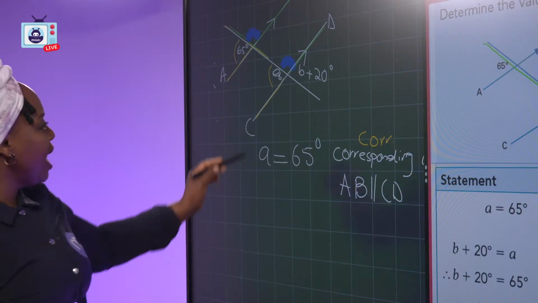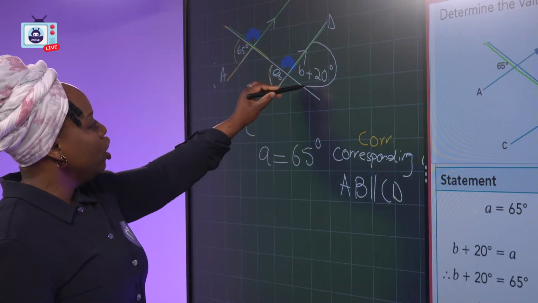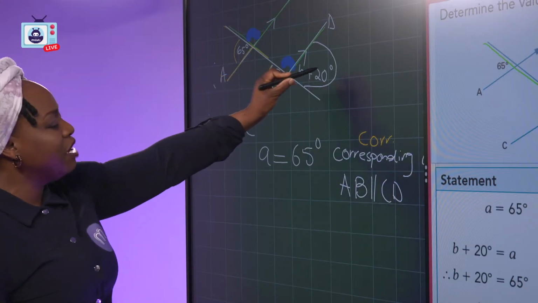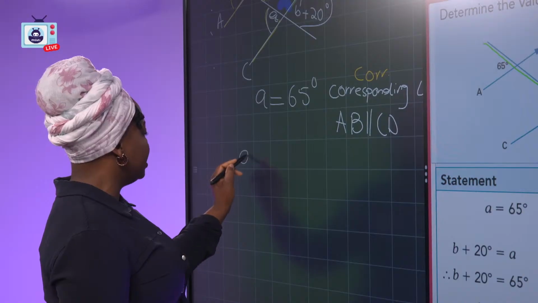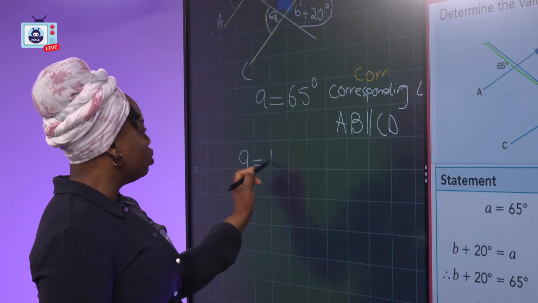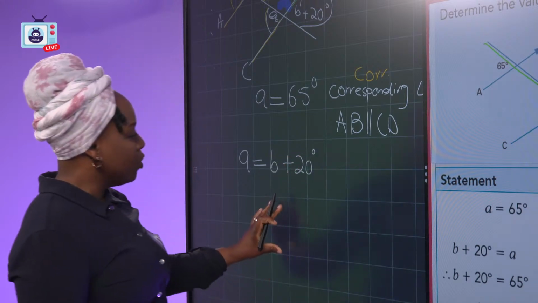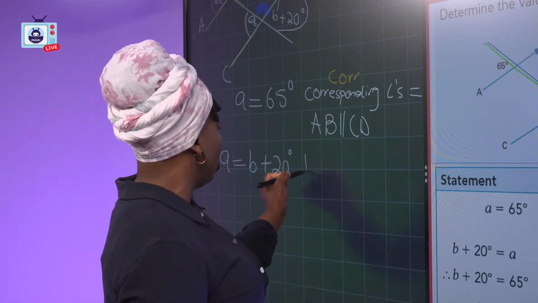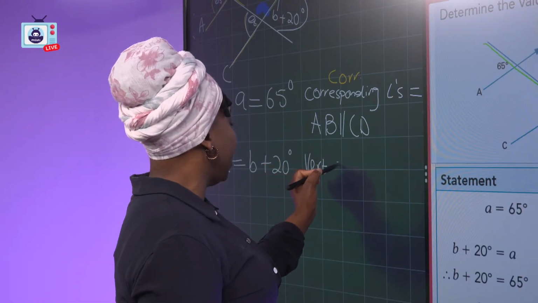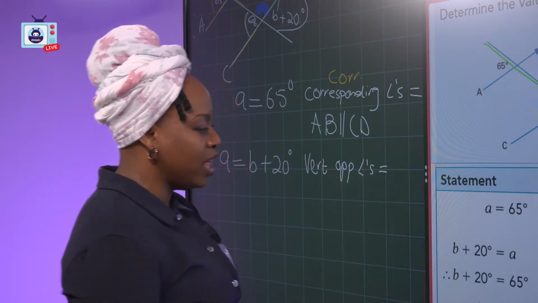If you look at where angle B is and angle A, you can quickly see that you have vertical opposite angles. So you're going to say that A is equal to B plus 20 degrees. When you say that, you say this is because I have vertical opposite angles that I know are equal.